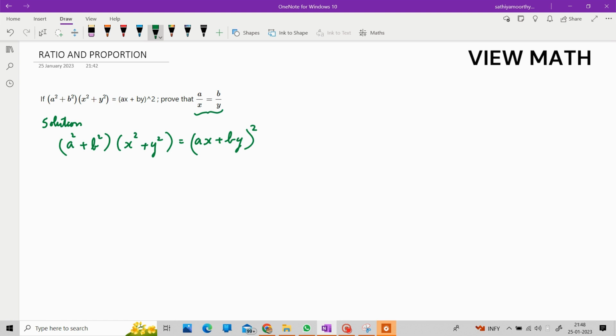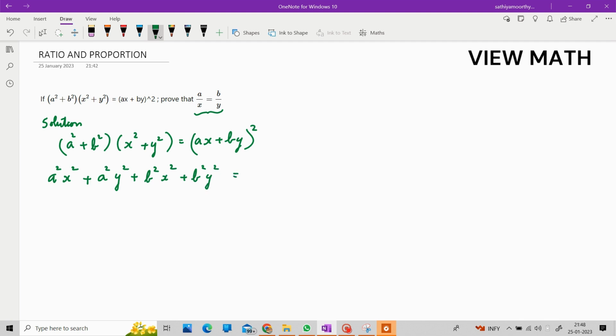So first let me multiply a square into x square. I'll be getting a square x square plus a square into y square, a square y square plus b square into x square, b square x square plus b square y square.